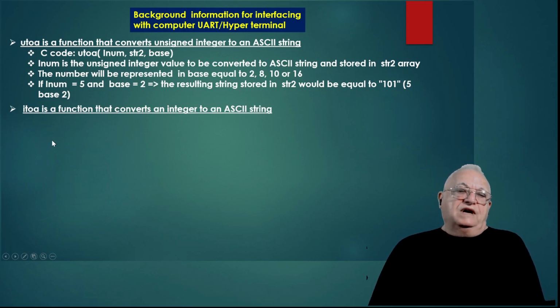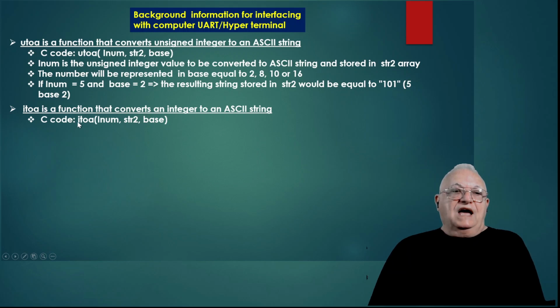So this is the function that converts unsigned integers. Now let's look at the function that converts integers. That would be ITOA. It's a function that converts an integer to an ASCII string. What would the line of code look like?